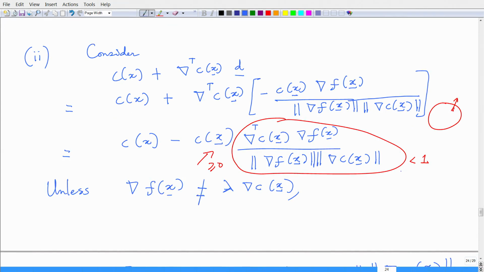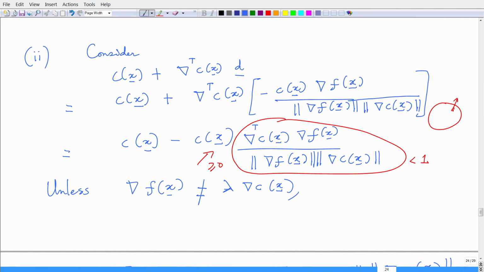Now, let us look into the second condition, which is C of x plus del C transpose d. I need to have an underscore here because they are vectors.